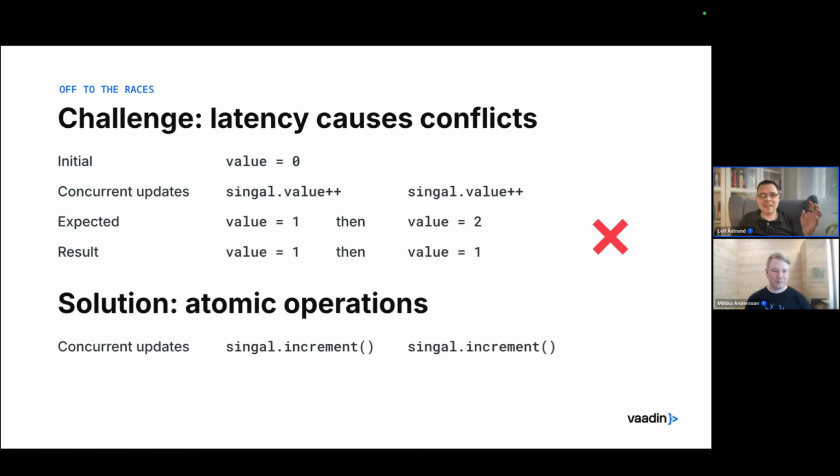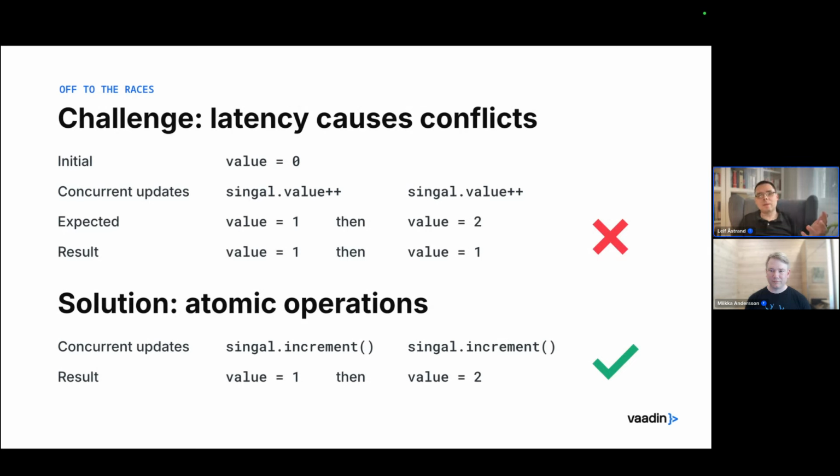So instead of doing plus plus, we run a method saying, let's increment this value. And then what happens is that we have received 1 increment and we have received another increment. In that way, no matter how things are happening concurrently, independent of each other or not, we receive 2 increments. So the value goes first to 1 and then to 2.